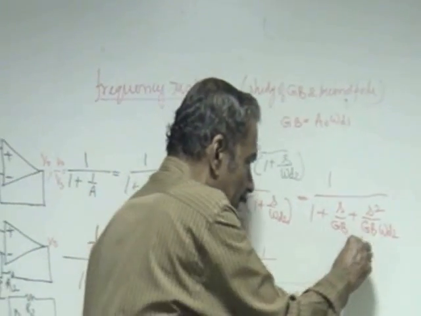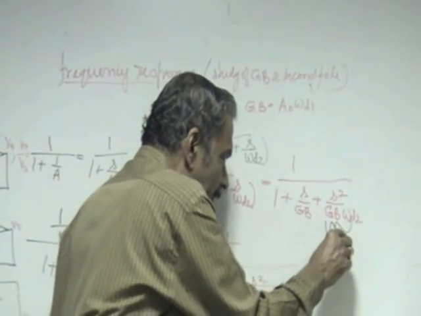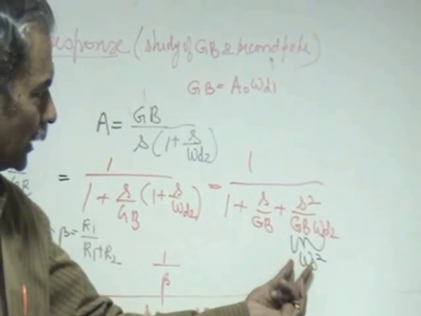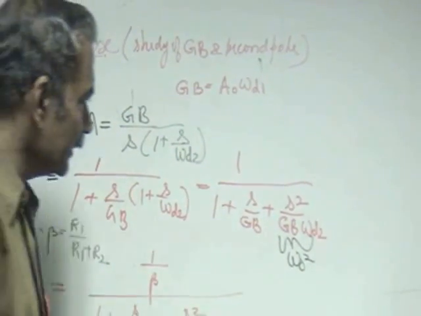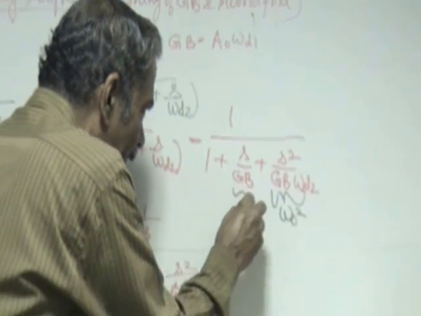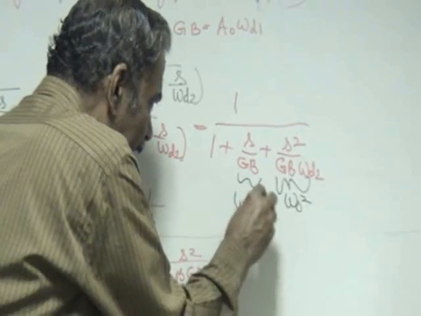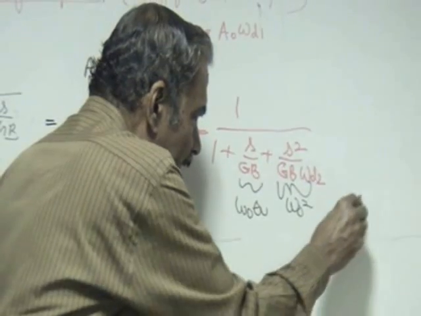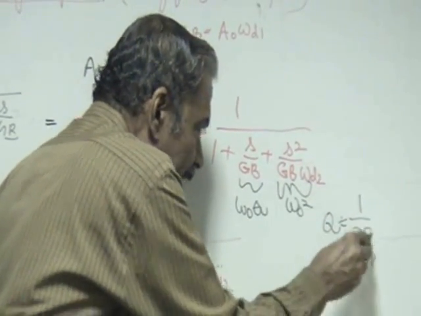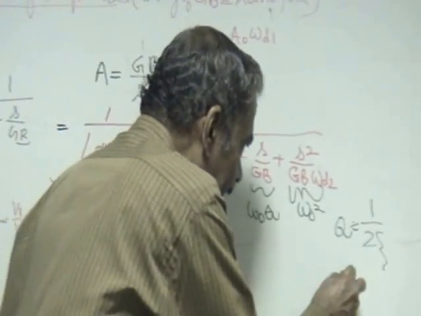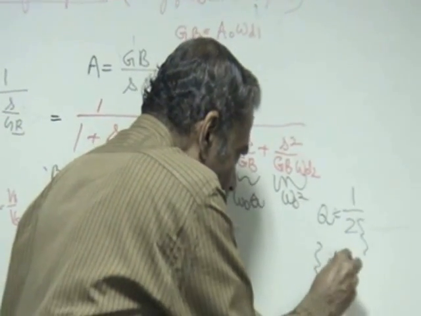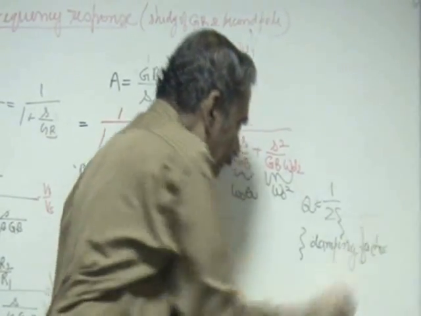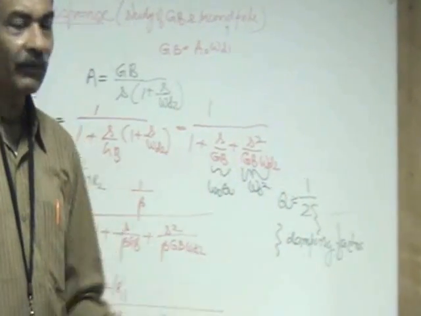And in the second order equation, the coefficient of this, omega naught square, where omega naught is the natural frequency of the system, and this is going to be written as omega naught over Q. Q is called the quality factor, or it is equal to 1 over 2 zeta, where zeta is called the damping factor, which is familiar to control system engineering. And communication people call 1 over 2 zeta as quality factor Q.